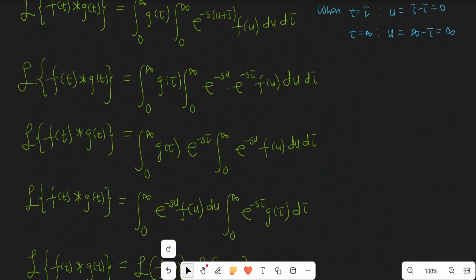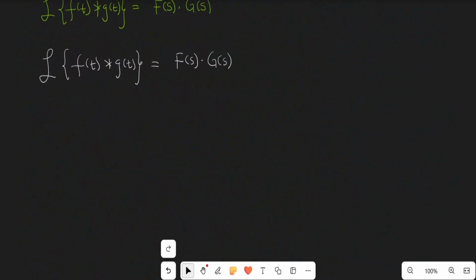That means that here, let me show you, if we take the Laplace inverse of this, that is F of s multiplied by G of s, this one is going to return the convolution. The convolution here is f of t convoluted with g of t, like this. So this is the property of the convolution.